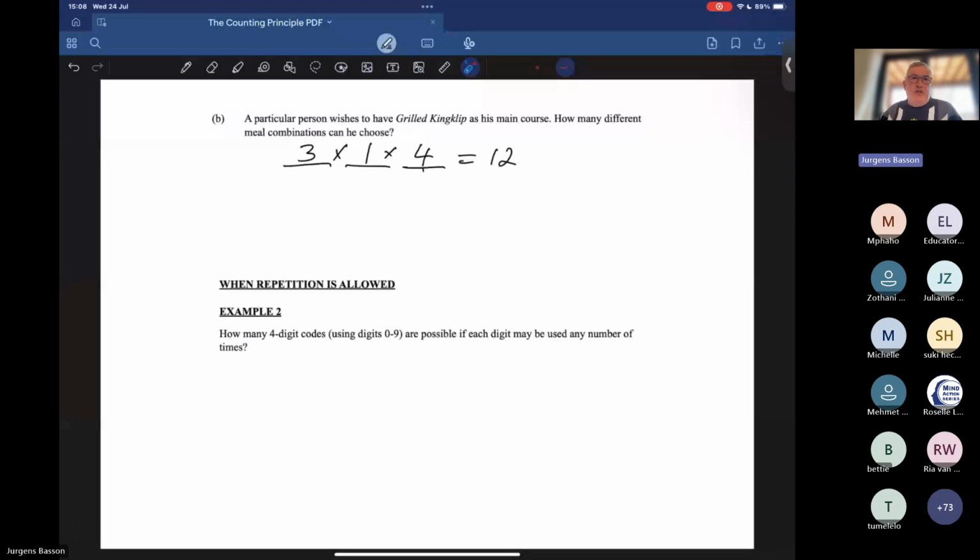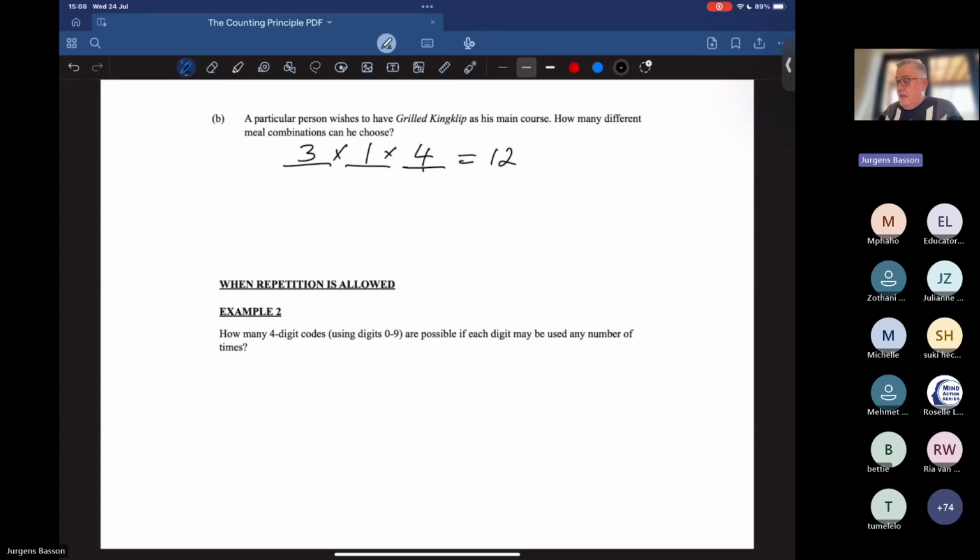So first of all is the definition. Now it's about repetition or not. And it's quite important that learners must understand if there is repetition allowed or repetition not allowed. Now you will see this heading, I say that on this one, that repetition is allowed.